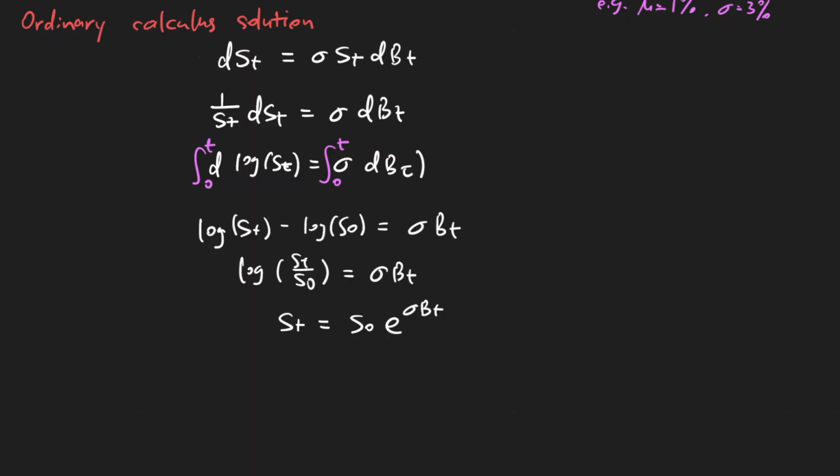So the stock price at time t equals the initial stock price times a factor. And in order to get a little more intuition, let's look at this factor to see what it means. Notice that this factor is a random variable. But to get more intuition, we can compute some properties of it. First, let's compute the expectation.